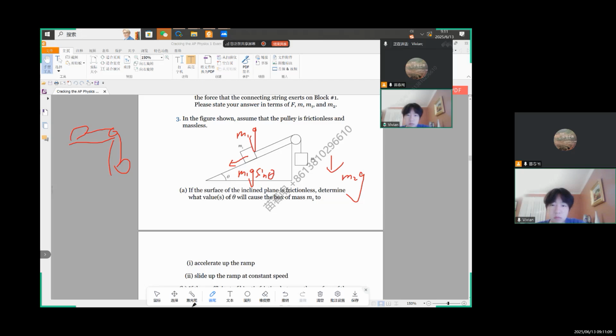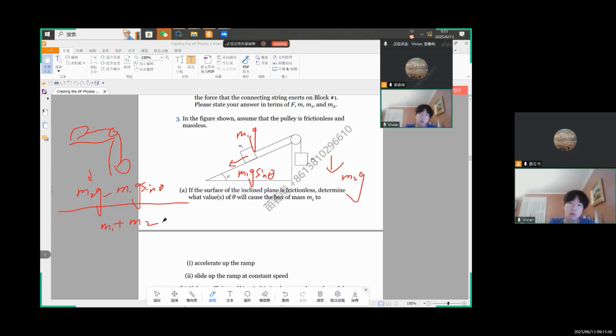So it's m2g minus m1g sine theta. That's m2g minus your preventing force, which is only m1g sine theta. This is the driving force, right? Together this is the F net, divided by the entire system mass.